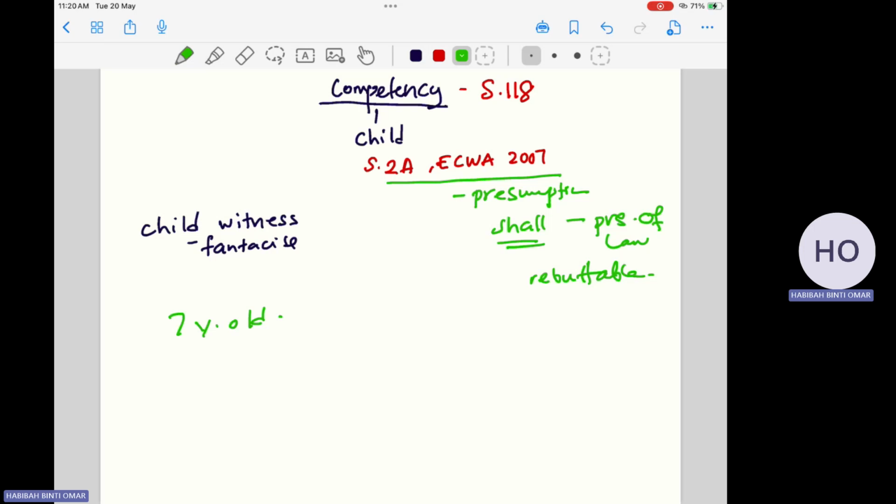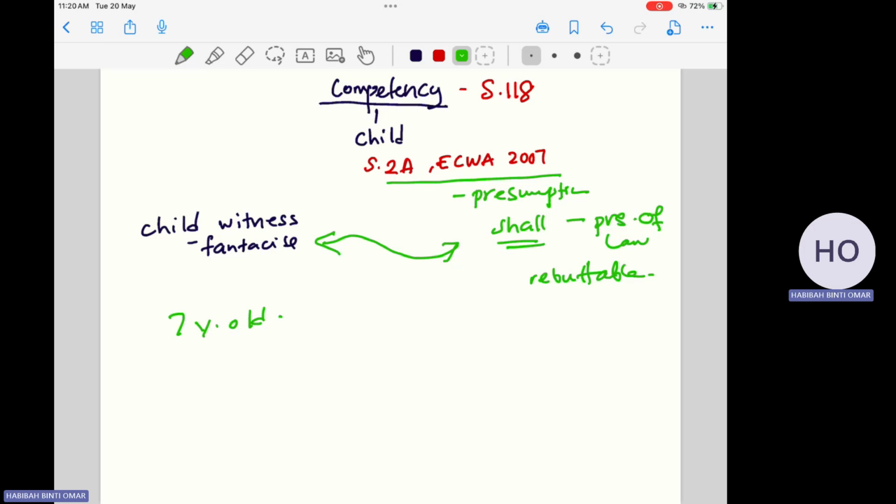Now, what is the aim of having this presumption saying that children are competent? If you look at this one, this is contrary to the previous proposition that children tend to fantasize, so they have issues of competency, they have problems on believability.